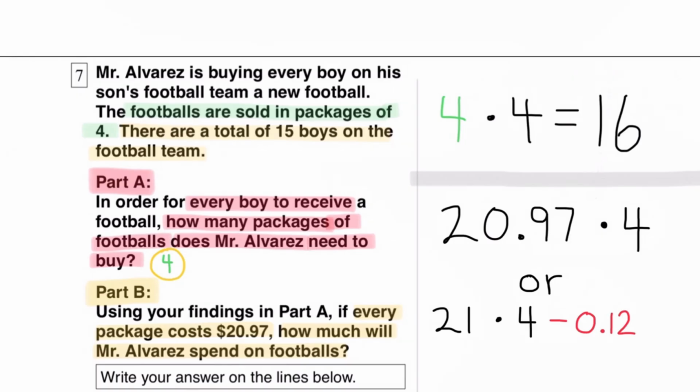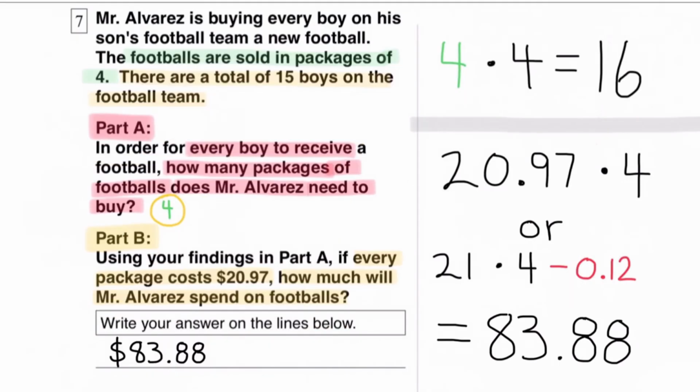And 3 cents times 4 packages equals 12 cents. So you could do it mentally in your head at $21 times 4 and then subtract 12 cents from your answer. Either way you do it, you're going to end up with $83.88. Mr. Alvarez would spend $83.88 purchasing 4 packages of 4 footballs at $20.97 each.